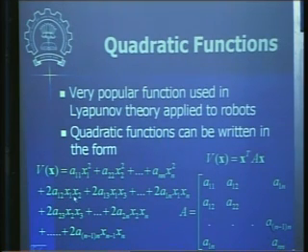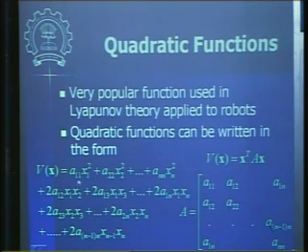Given this kind of matrix, you should be able to write this quadratic form expression, or given any quadratic expression, you should be able to convert it into the form x transpose Ax. It is very easy to do.